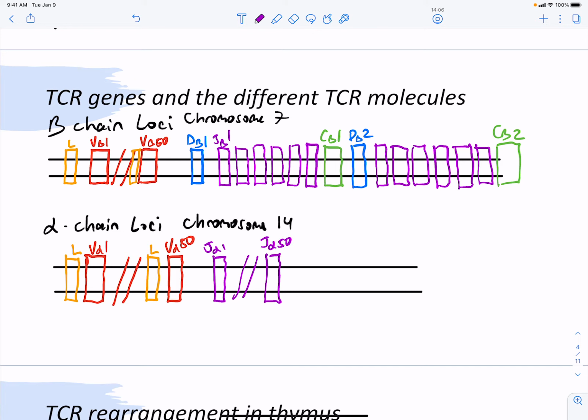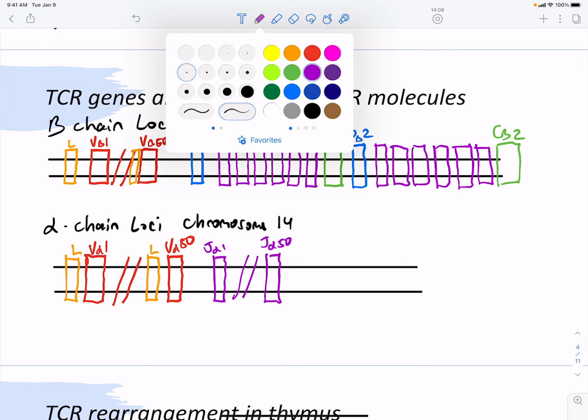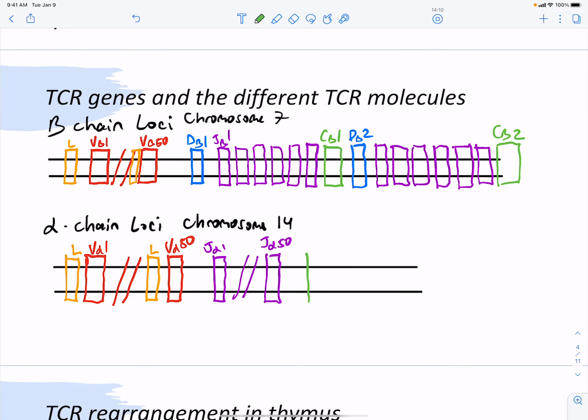And then they have a constant alpha region. Okay, so that is the alpha and beta chain loci. And so similar to our B cell receptor, we're going to get rearrangement of these alpha and beta chains to form the T cell receptor.